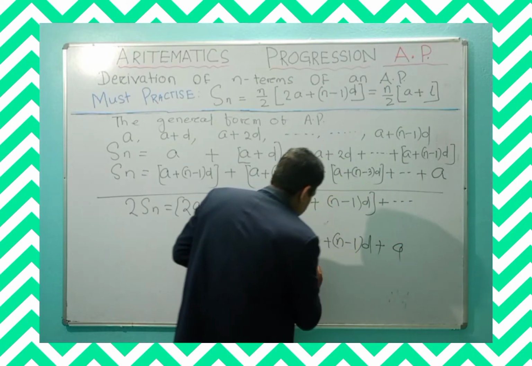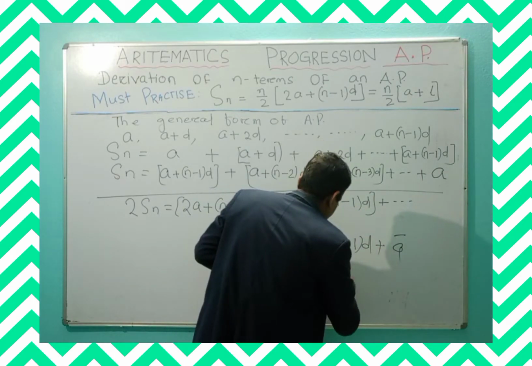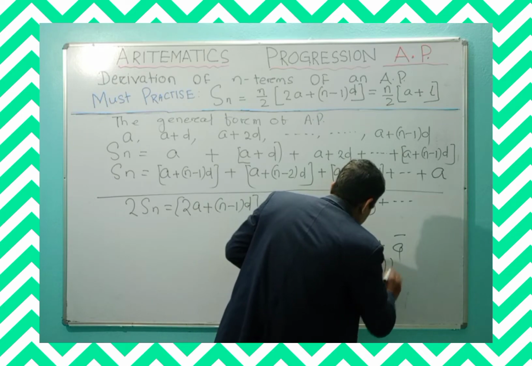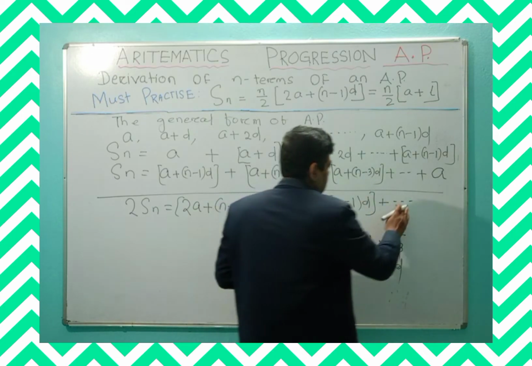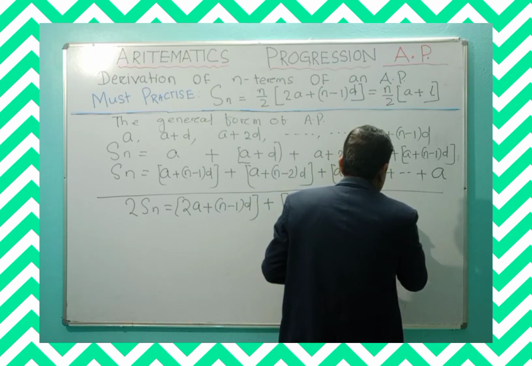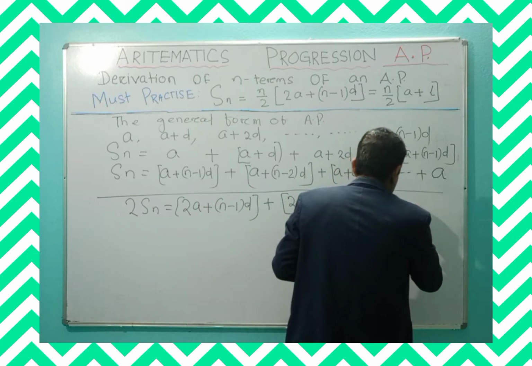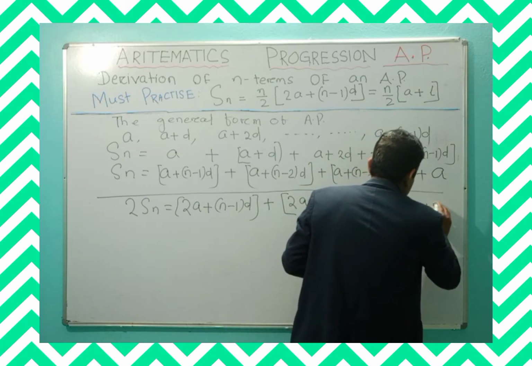Adding them gives 2a plus n minus 1 into d, which also remains the same. So it will be 2a plus n minus 1 whole into d.